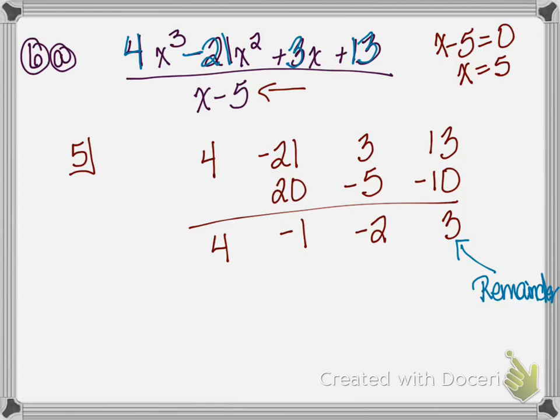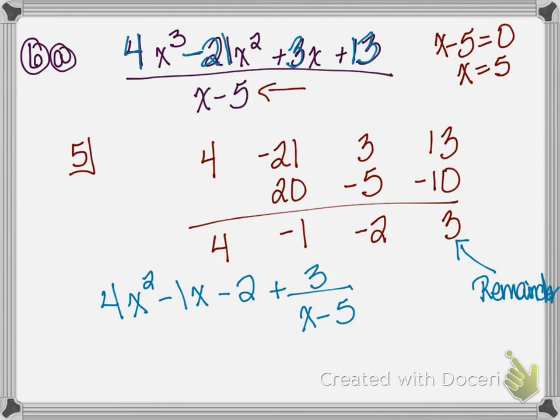We didn't do a lot of those in my class when we had remainders, so I will go back and check that. So the answer to this is 4x squared minus 1x minus 2, and we have a remainder of 3, and we put that 3 over x minus 5. Okay, so that's the final answer to this.